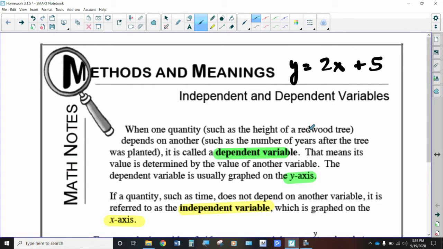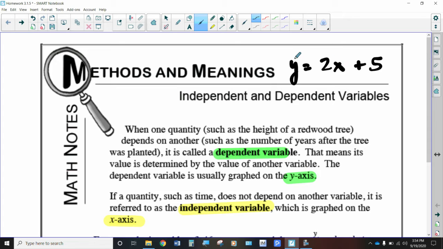So if you think about John's redwood tree situation, the height of the tree was the dependent variable. And what affected how tall the tree was? Well, x, which was the number of years. So you could choose after how many years you wanted to measure the height of the tree.